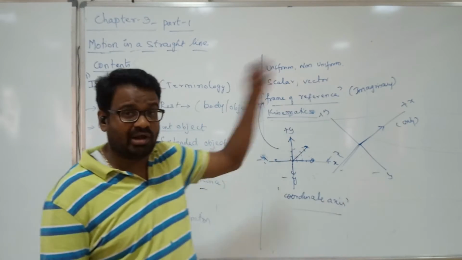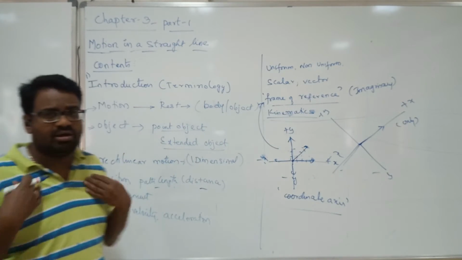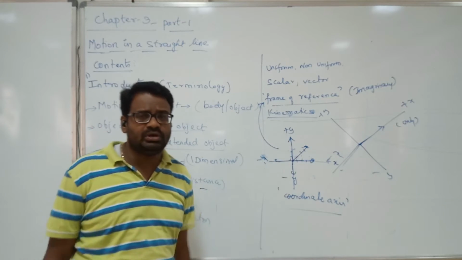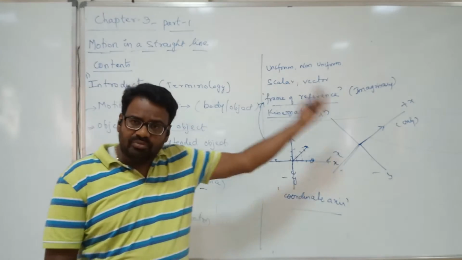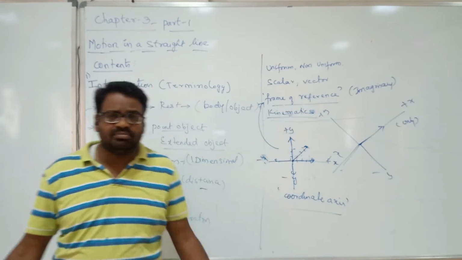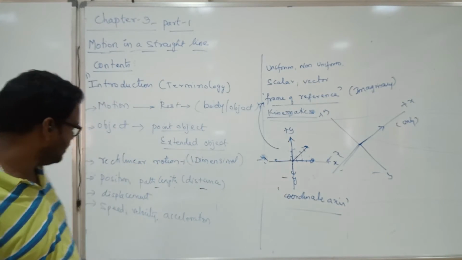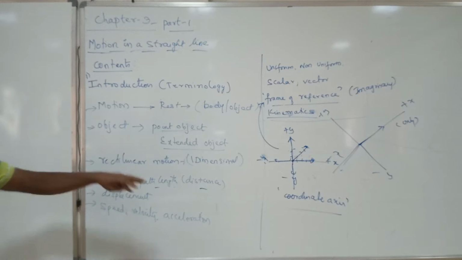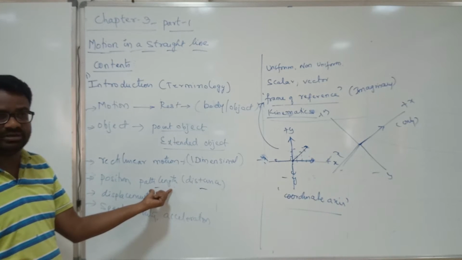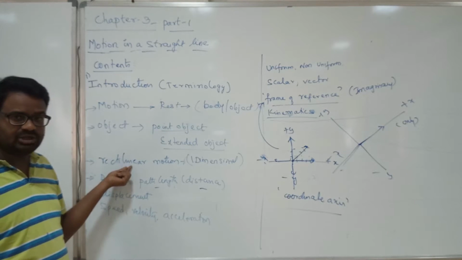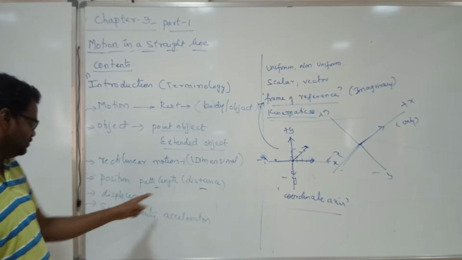I have come from Hyderabad, so my distance is 200 kilometers. Or from your location to this place, some kind of distance is involved. Accordingly, path length is the total distance, the total path traveled between the initial position and the final position.